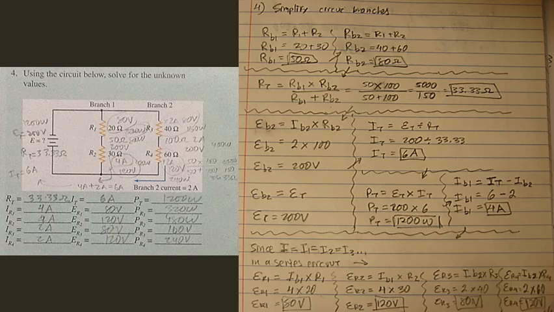So 6 amps, which is your current total, minus 2 amps, which is the given branch current at branch 2, is 4 amps. So our current at branch 1 must be 4 amps. So we will assume that.